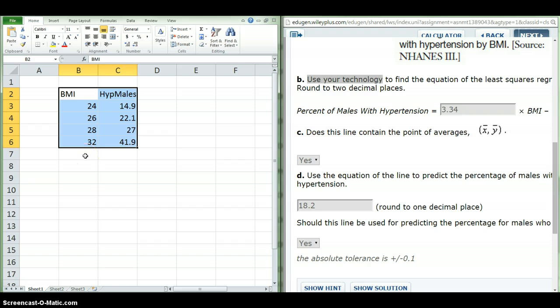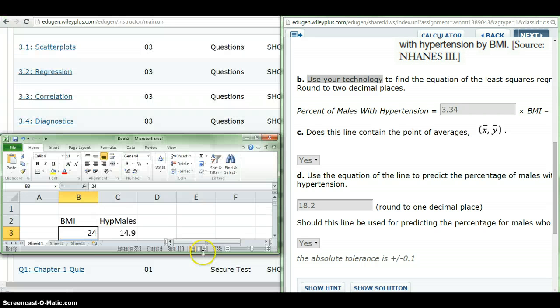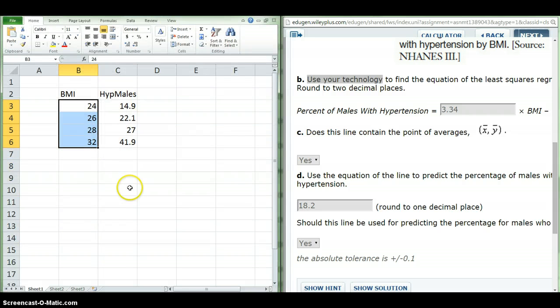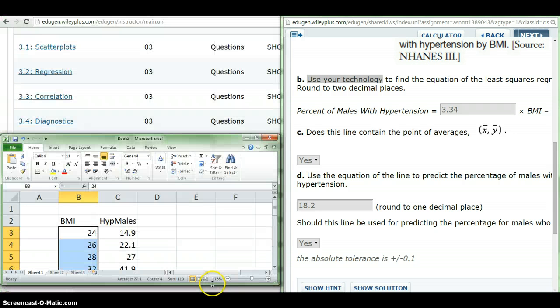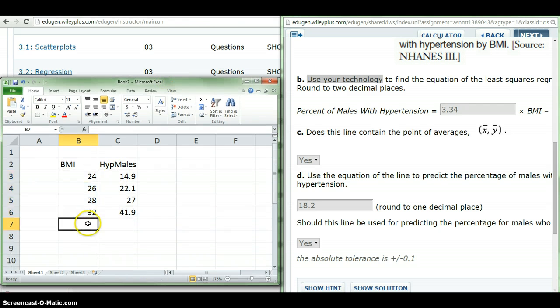Now what I can do, if I just highlight these, and okay, I know this isn't going to be very visible, but come on. Okay, so it's making assumptions of what I want, even though I don't really want it. So when I highlight cells, at the bottom it'll give me an average, count, and sum.